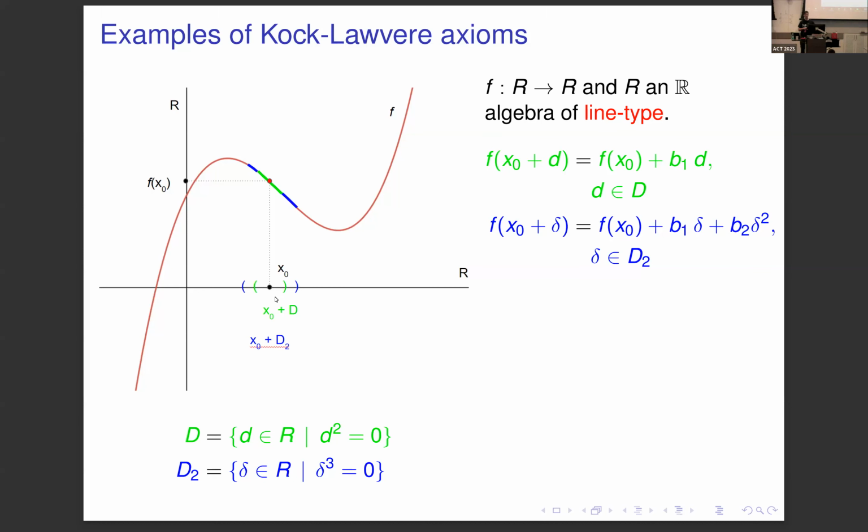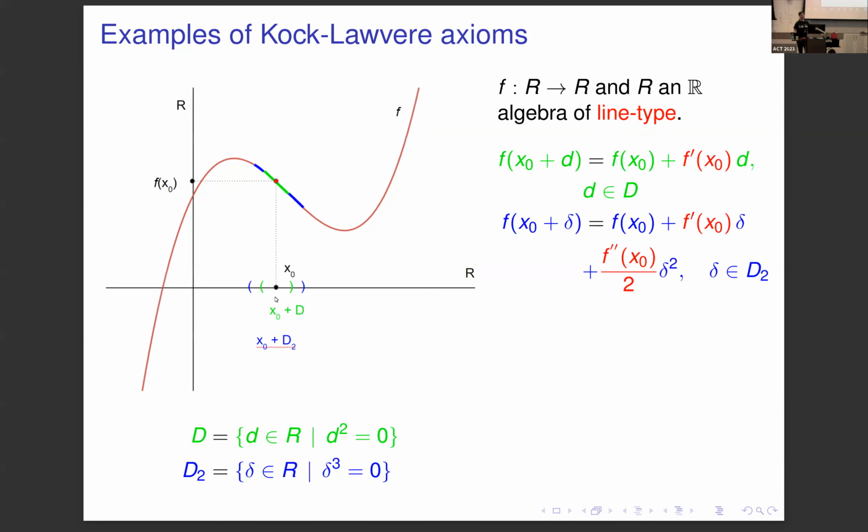And if I go the next step and look at second order, making the infinitesimal spaces bigger, then the Kock-Lawvere axiom tells you it will be uniquely a quadratic polynomial. And these b1s and b2s can then, of course, be used to define derivatives.